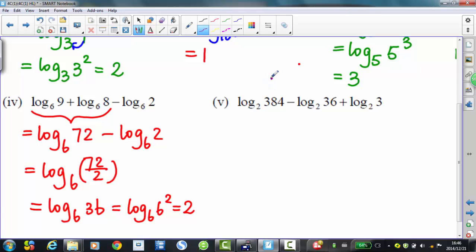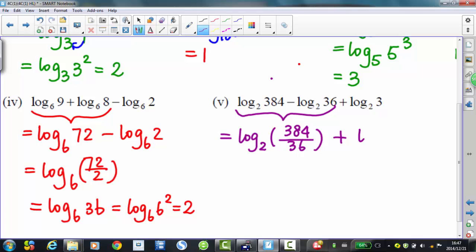In number 5, we see minus first, then adding. So we follow the order they occur. We do minus first. So it's log base 2 of 384 divided by 36, then plus log base 2 of 2 over 3.